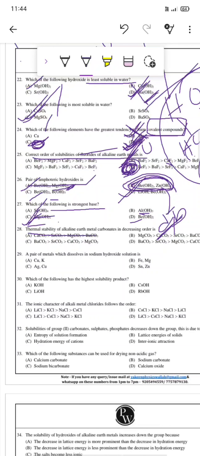Thermal stability of alkaline earth metal carbonates. Okay, thermal stability of the second group.